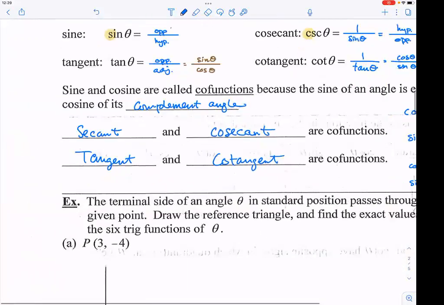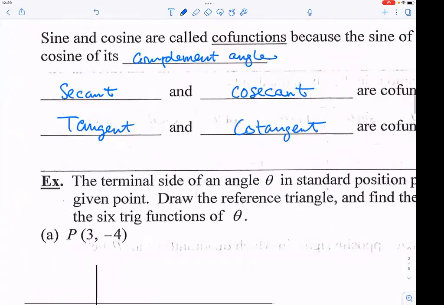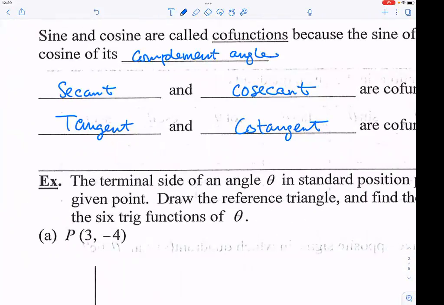So one thing you can write down below is this. The way we express this idea, and I think you might need to know this for the SAT, is that sine theta is equal to cosine of 90 degrees minus theta.